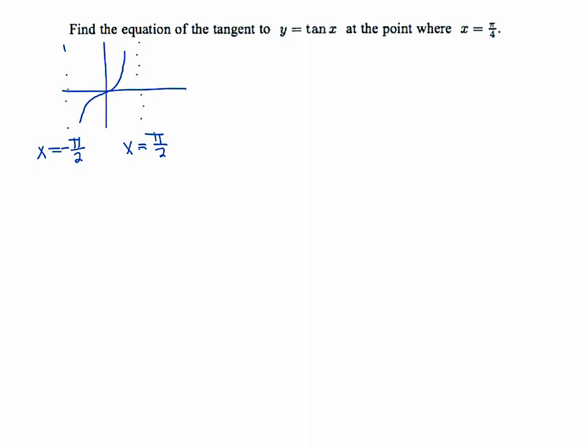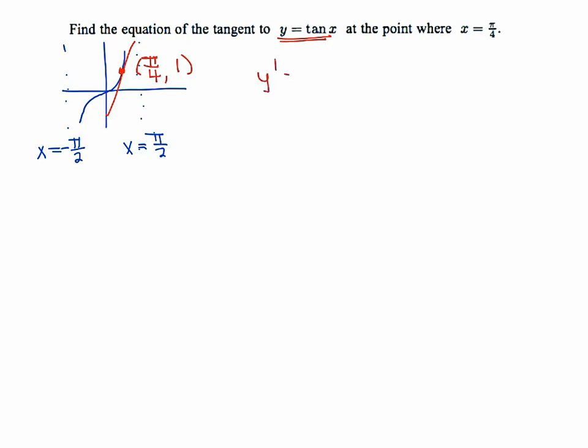So at x equals pi over 4, which has to be somewhere in here, what is the equation of the tangent line? Well, when x is equal to pi over 4, what is my y value? Tangent of pi over 4 is 1, because it's root 2 over 2 over root 2 over 2. Now, to find the equation of the tangent, we would take the derivative of y equals tangent of x.